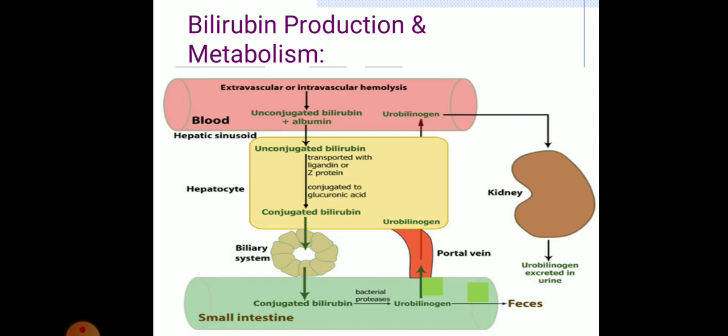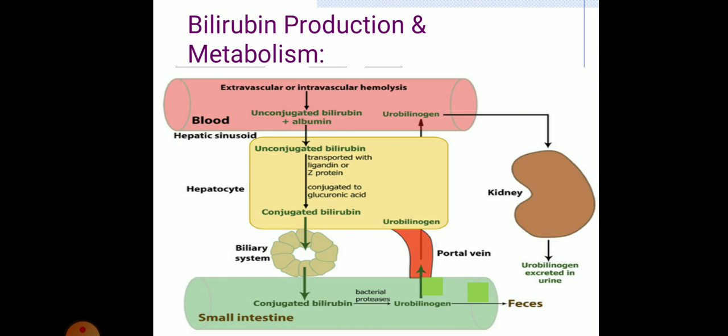This is the total steps I can explain. First, extravascular or intravascular hemolysis occurs and unconjugated bilirubin is released into the blood. This unconjugated bilirubin is water insoluble, so it binds to albumin and is transported to the liver.